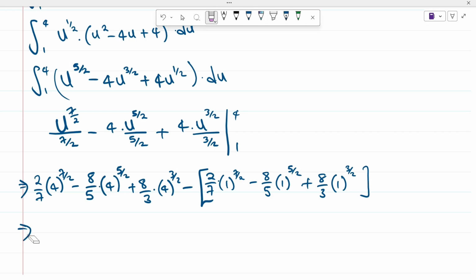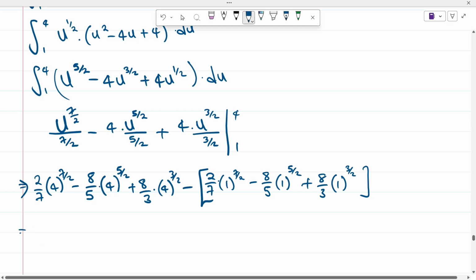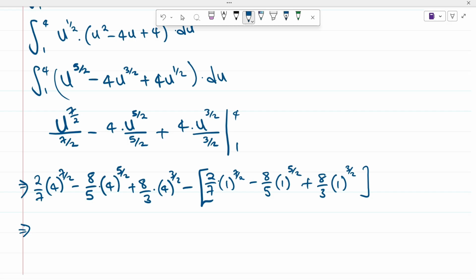Then you punch everything in your calculator now. You should be able to get something like, what?